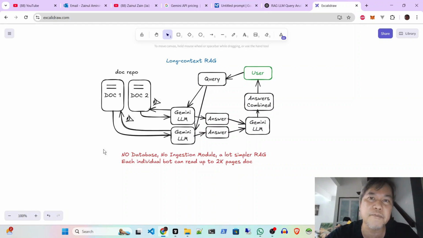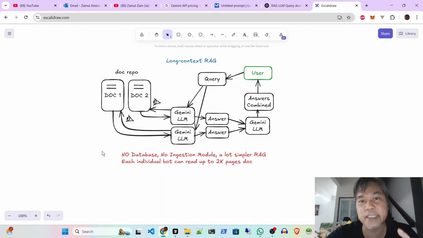So you might lose some details when you do naive RAG especially. But the good thing about this method is the bot actually looks at the whole document. So in that manner, it might not miss any information regarding that query, right? But again, this is still up for debate.